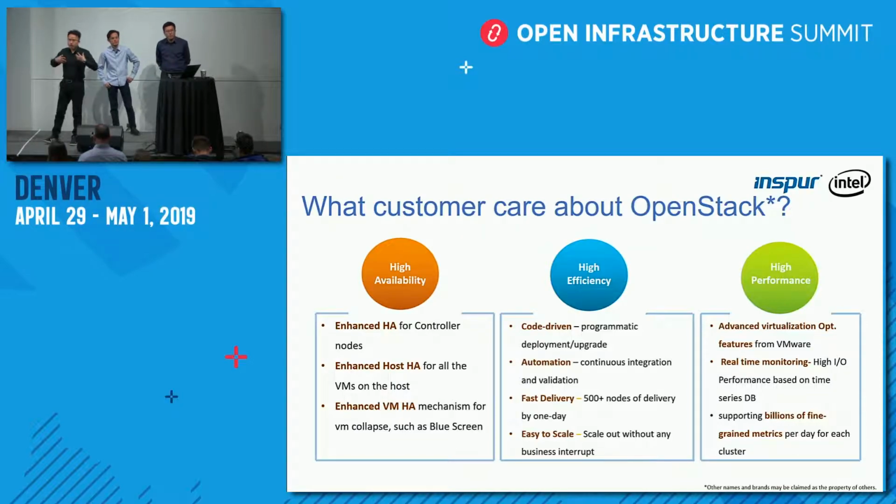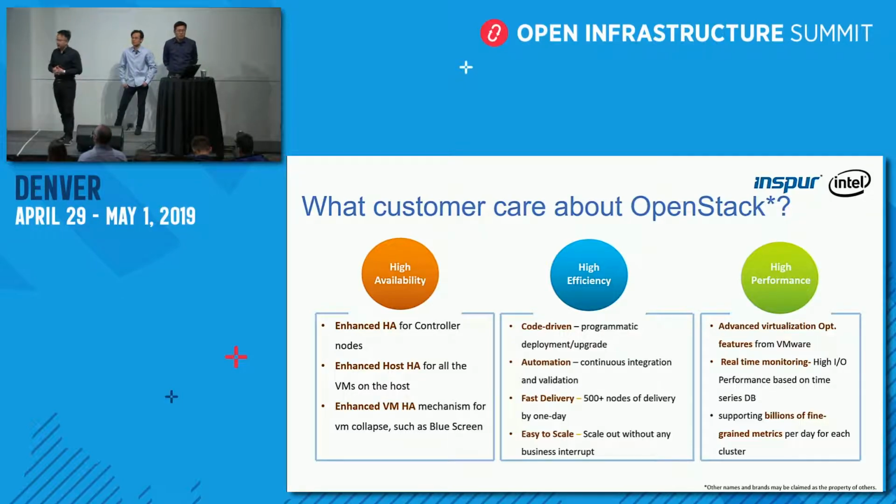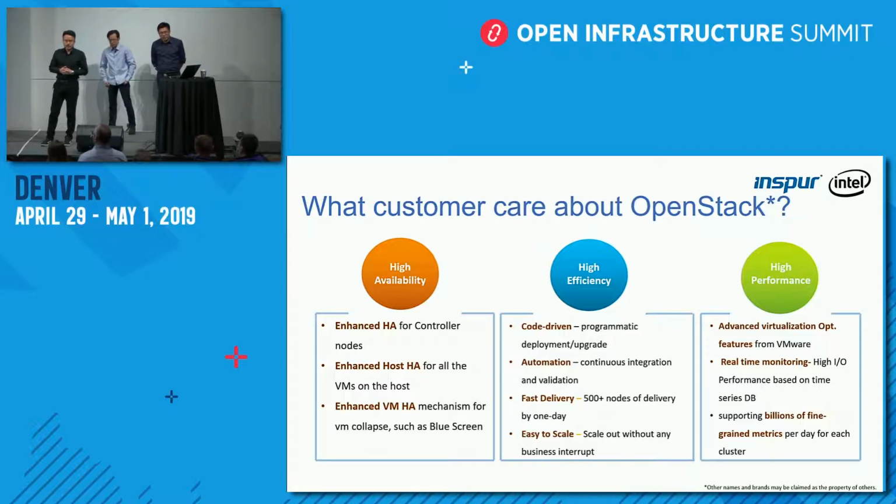So we need a more efficient OpenStack cloud. And the third one is high performance, which I think includes VM virtualization optimization, and also real-time monitoring and warnings. So that's the triple H.